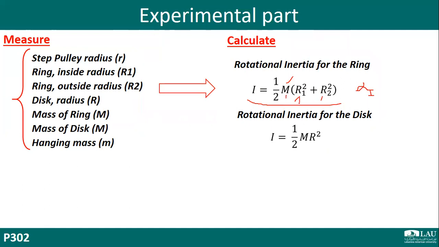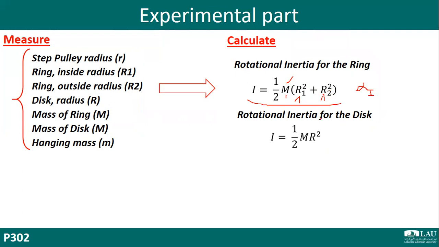We have M, R, and R. If you want, consider that you have two R to be able to do the derivative. So you do the derivative of I with respect to M times alpha M, the derivative of I with respect to R1 times alpha R1, and the derivative of I with respect to R2 times alpha R2.